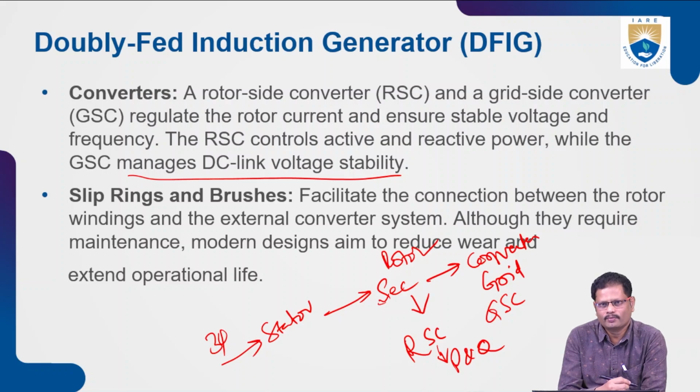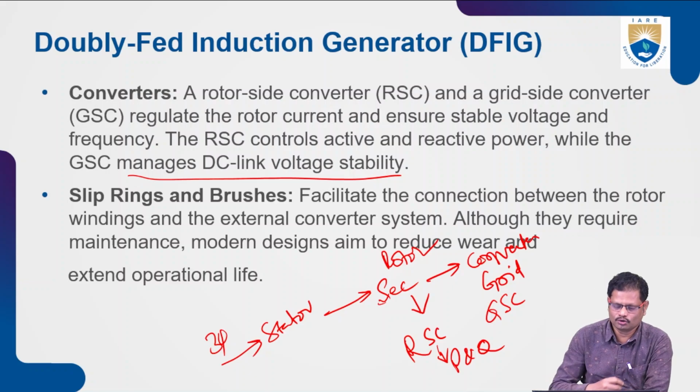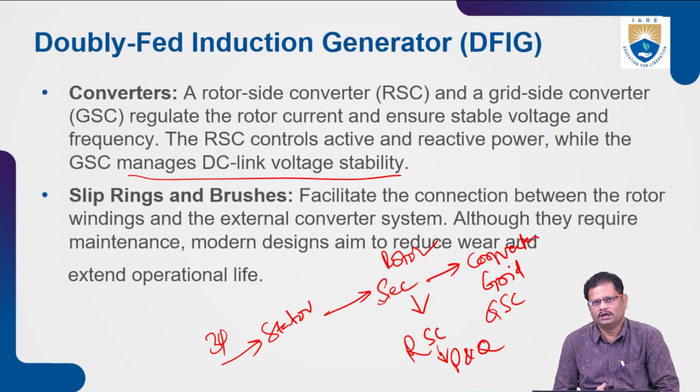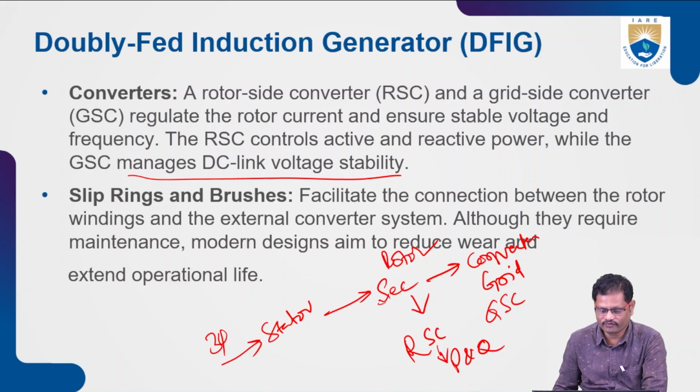Although slip rings and brushes require some maintenance, by designing in a modern way, there is a chance to reduce the wear and extend the life of the induction generator. So modern designs aim to reduce wear and extend its operational life.